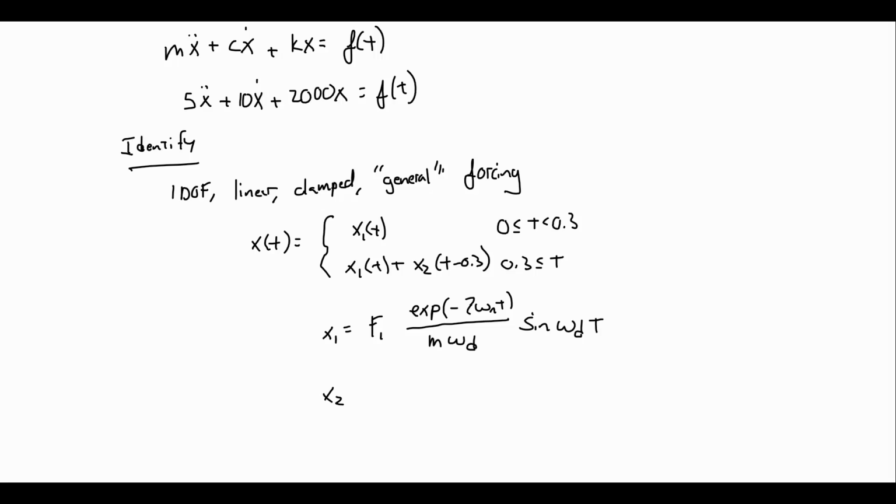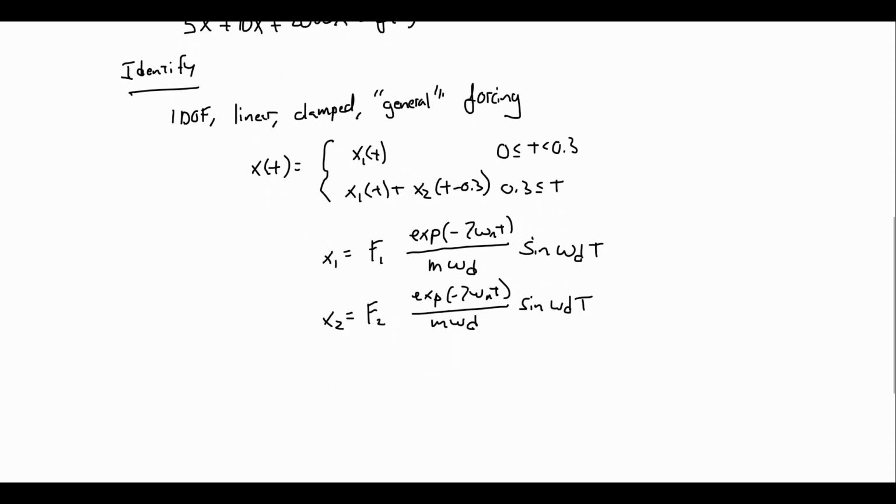And for our x2, that's in the form of the amplitude of its impulse times, and actually the rest of it is exactly the same, sine omega d times t. So let's look at the parameters so we can find our x1 and x2, and then we're going to be able to form our entire solution from there.